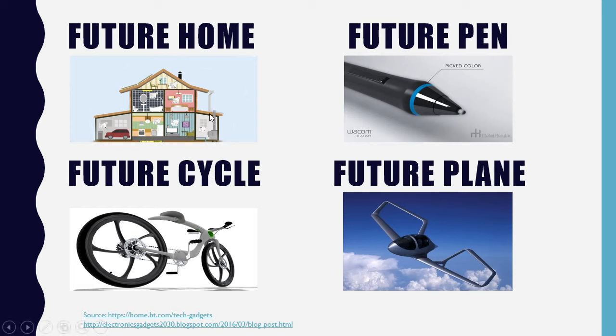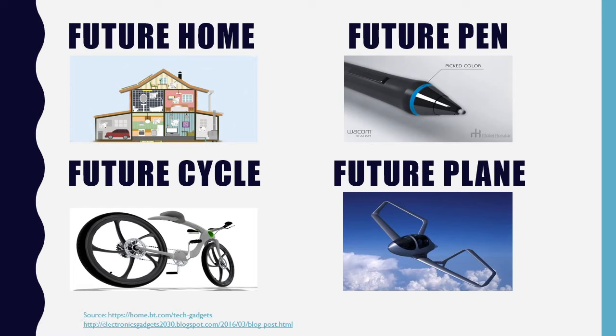Some homes are already implementing these future technologies. Your colleges and schools would have smart boards, right? They can even have LEDs that can say what color it is. This technology is available now, though we may not have seen it.